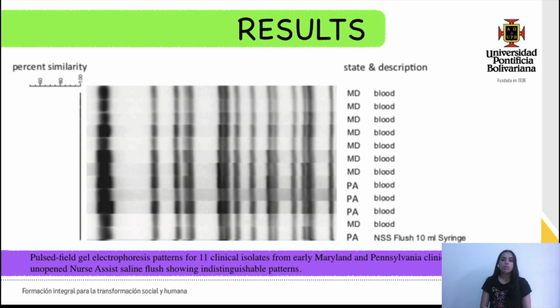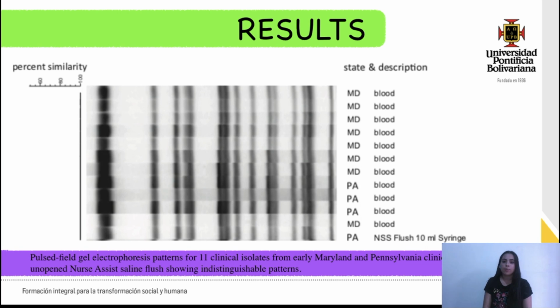Results. First, we have the pulsed field gel electrophoresis, where we could see 11 patterns of isolates from patients that were infected with the bacteria compared with one isolate from an unopened pre-charged saline solution.